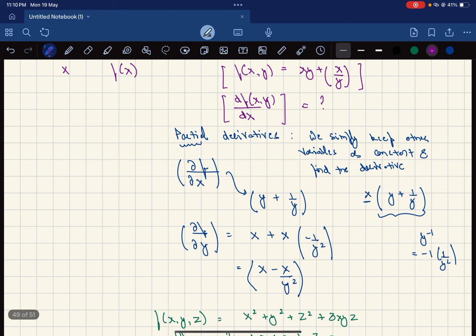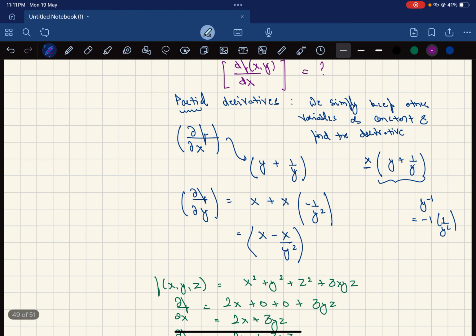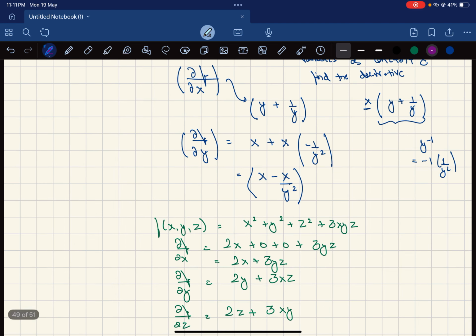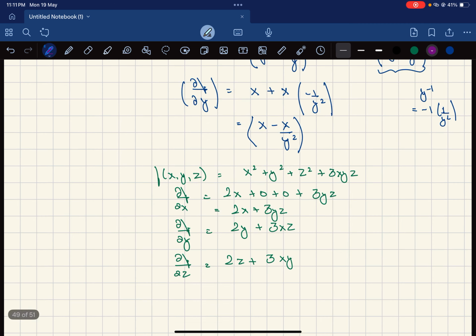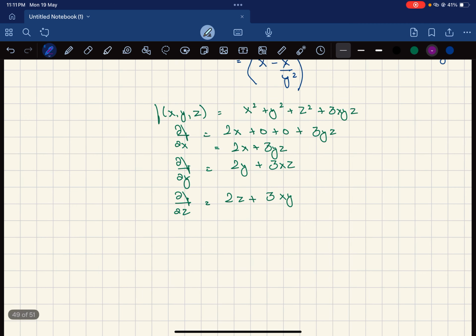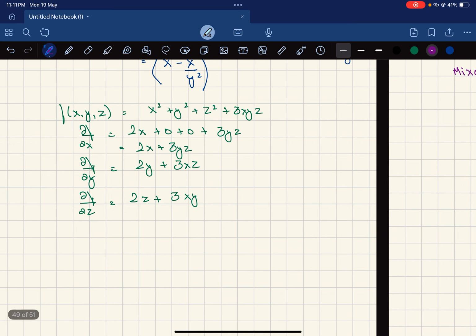Then we introduced partial derivatives, how we can find the derivative of a function in multiple variables with respect to any one of those two variables or more than two variables. We can find the partial derivative by assuming other variables as constant and simply differentiating with the main variable.